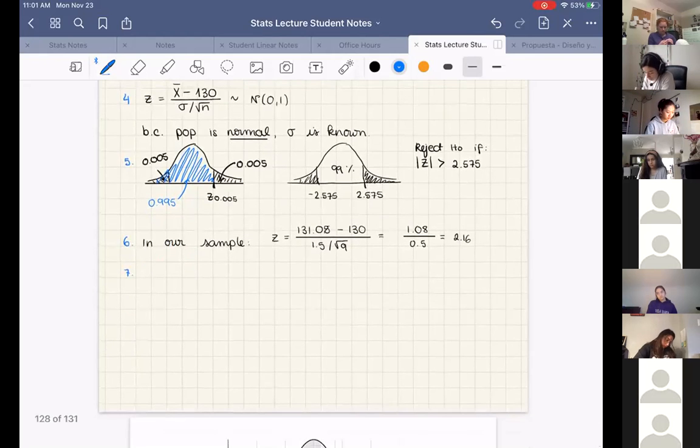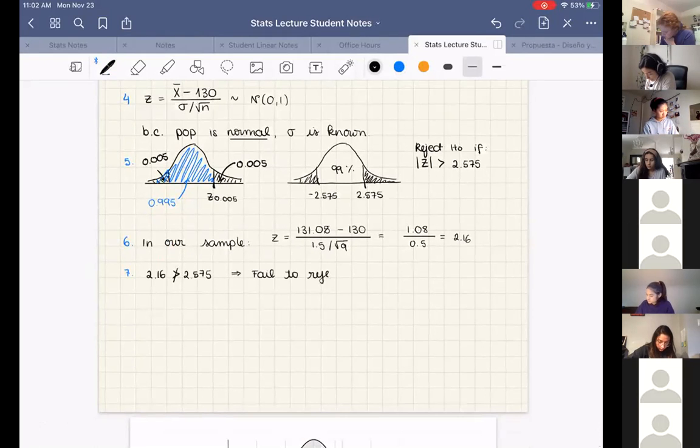Okay, and so here we're going to conclude that we fail to reject the null hypothesis, right? So we have that 2.16 is not larger than 2.575, which means that we fail to reject H naught.